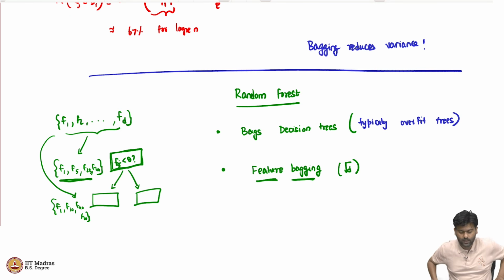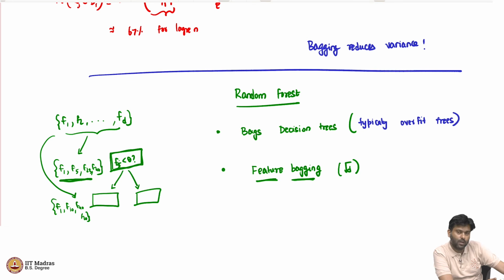In regression problems, I think the suggested value is something like d over 3 or d over 5, something like that, but order of d, right. So again, these are rules of thumb. Typically in practice, you can try out different values also and then pick the one that works best, depending on how much computational time is available.